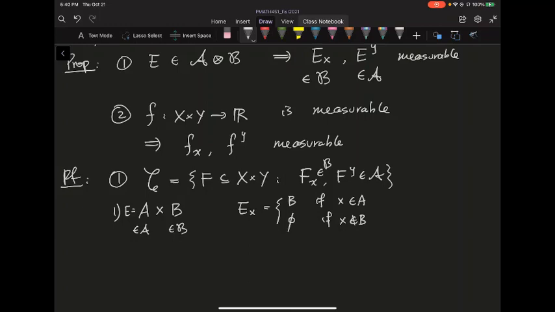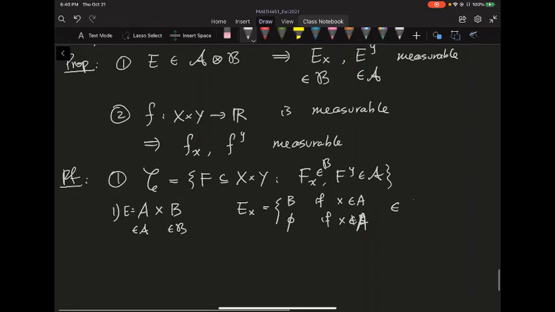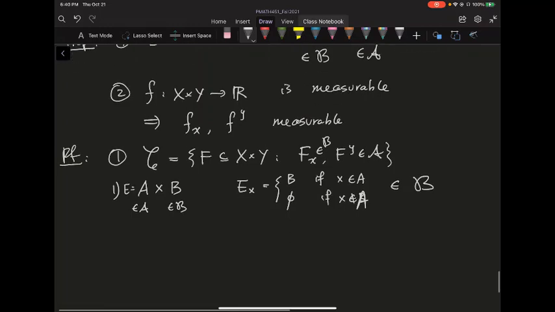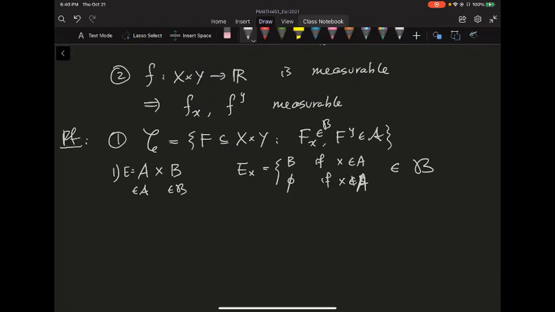But in any case, you can see that this E_x is going to be inside the sigma algebra B. It's either empty or the set B. And similarly for A as well. So from there, we know that all of these boxes, A cross B, are inside this collection of sets C.